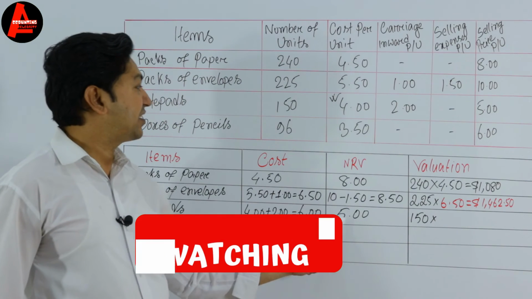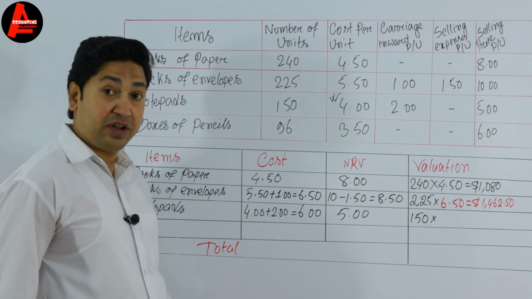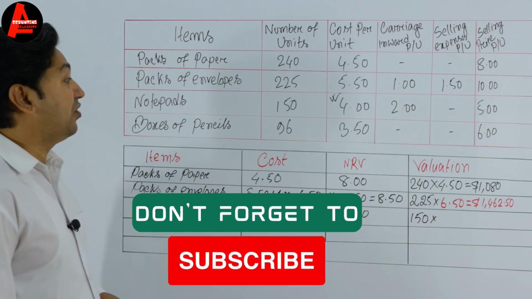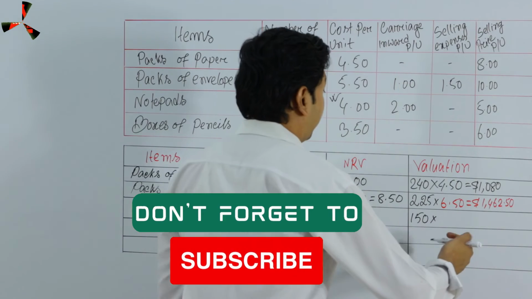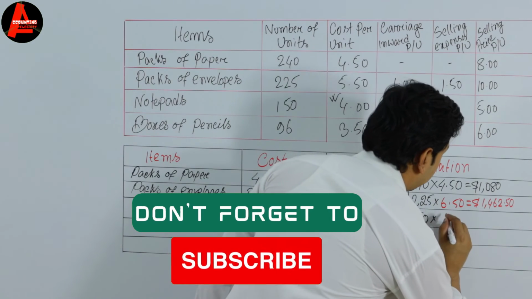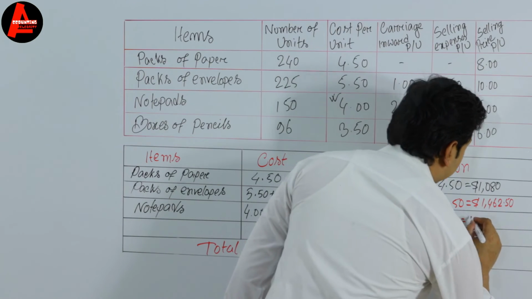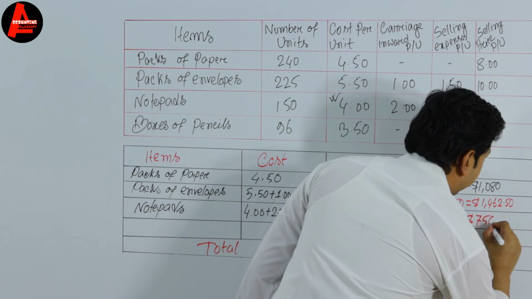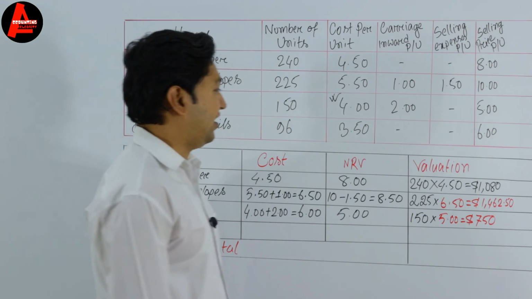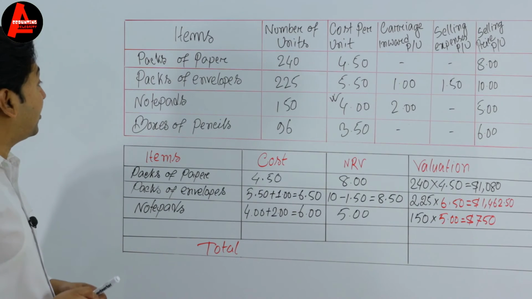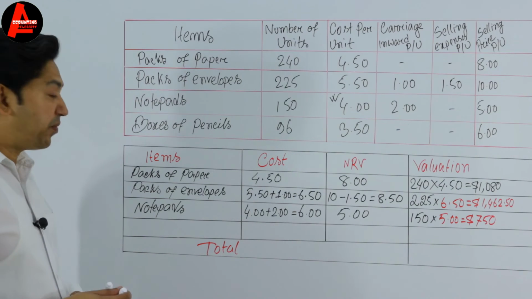Obviously it is net realizable value, $5. So we will multiply by 5 and we get $750.